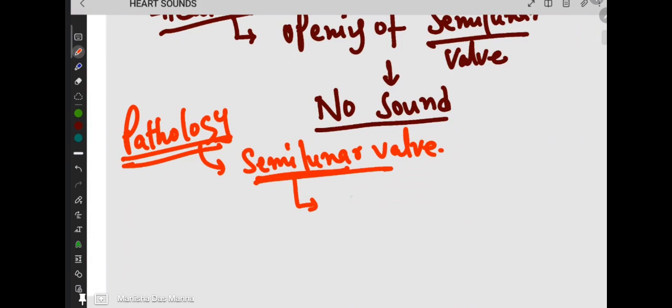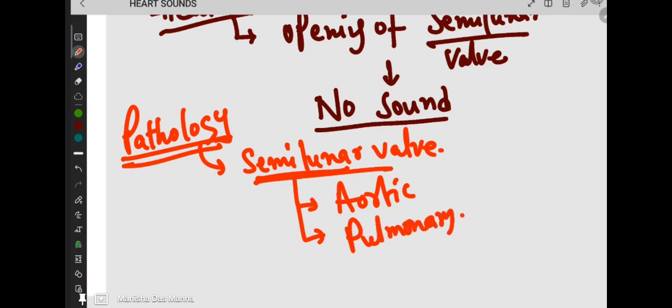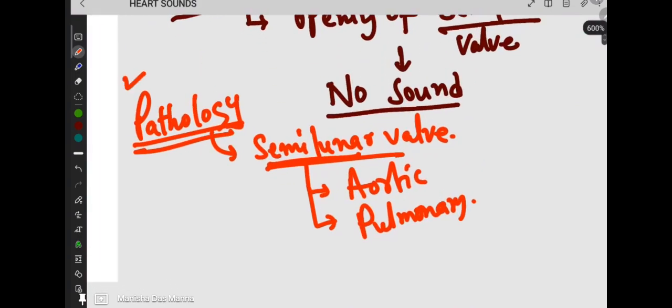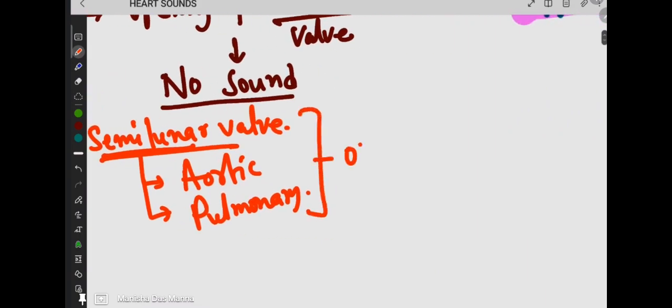Semilunar valves means your aortic valve and pulmonary valve. If any pathology is associated with these semilunar valves, then their opening leads to some sounds.